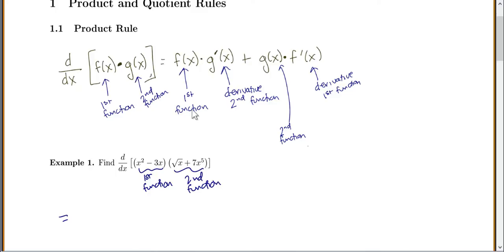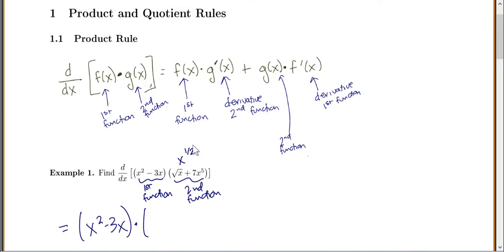so put the first function exactly like it is, don't change it, x squared minus 3x. Okay, that's our first function. Times the derivative of the second function, so the derivative of square root of x. Now if you don't remember, square root of x can be written as x to the 1/2.